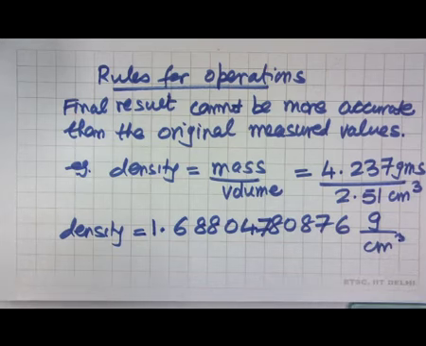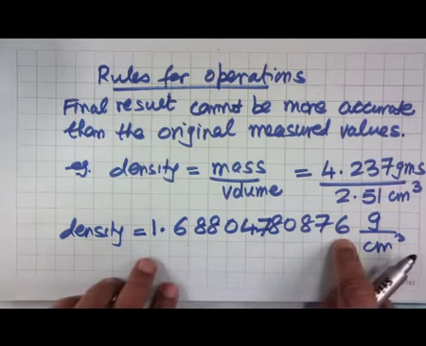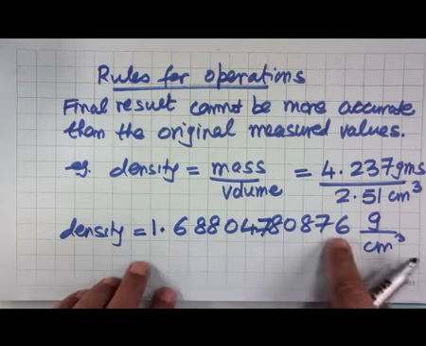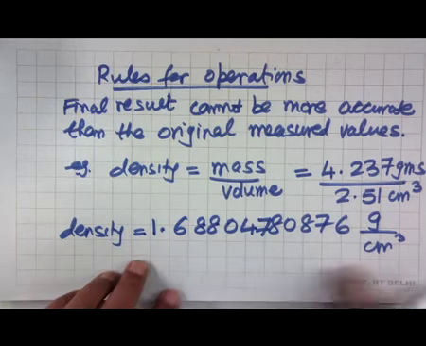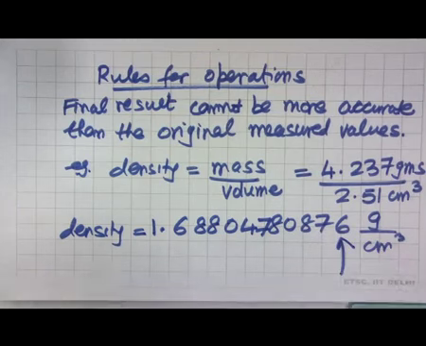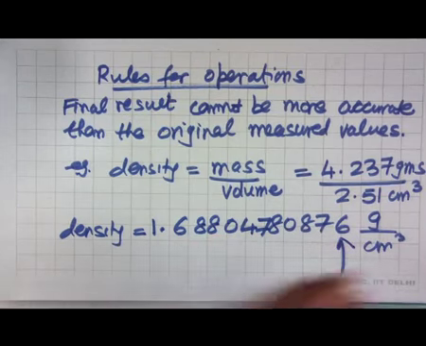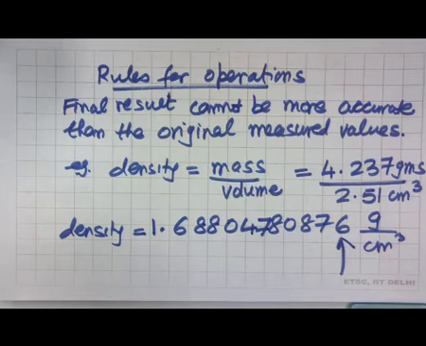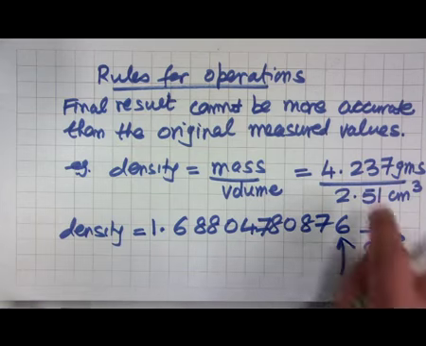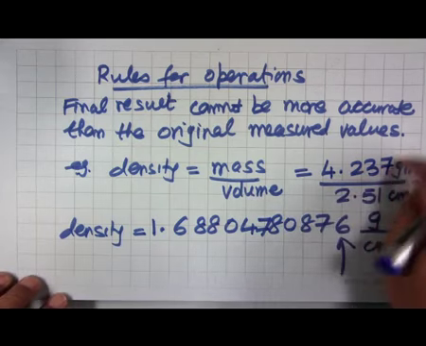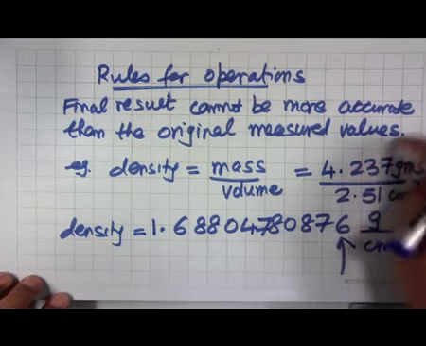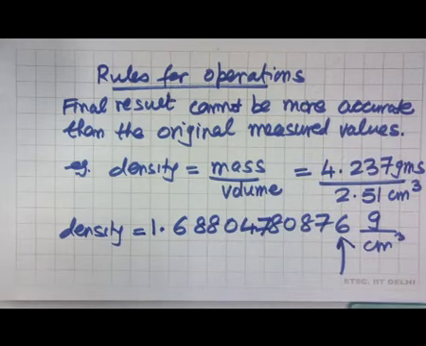Now, you can understand, when I write an answer like this, this gives a sense that the quantity is accurate up till this last digit, whereas our original measurements are correct in the first case up till 4 significant digits or 0.001 grams, and in volume up till 0.01 centimeter cube or 3 significant digits.